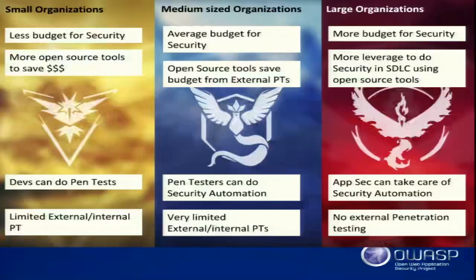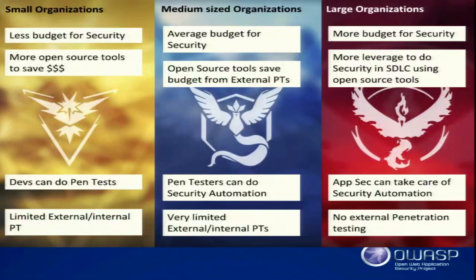So yeah, this is again a classification that I want to give for 3 types of organizations: small organization, medium-sized organization, and large organization. If you're a small organization, I understand that most of you might not have budget for security testing, then open source tools like this might be a very cool idea, because if you're using open source tools for security testing, you can probably wash out a few of the low-hanging fruits and make sure that your code is at least a bit secure.